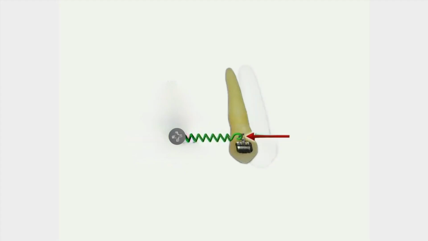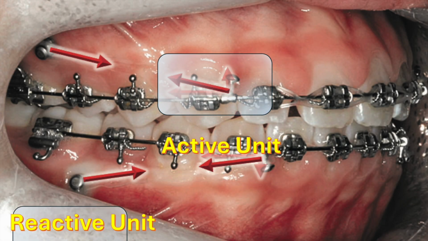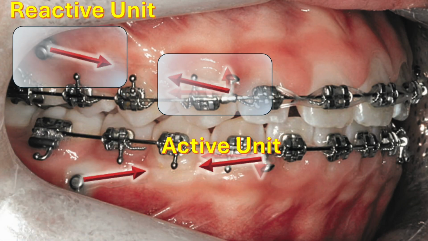So look at this. With miniscrews, the screw itself becomes the reactive unit. It completely absorbs the reciprocal forces. This simplifies our work significantly. We only need to focus on designing the force system for the active unit without worrying about adverse effects on anchorage teeth.